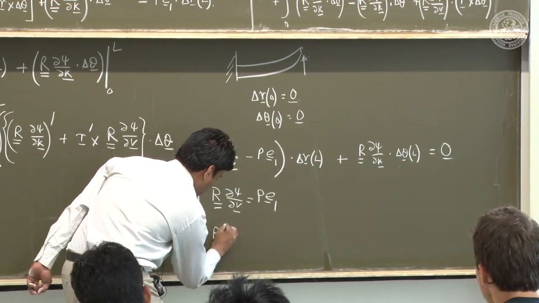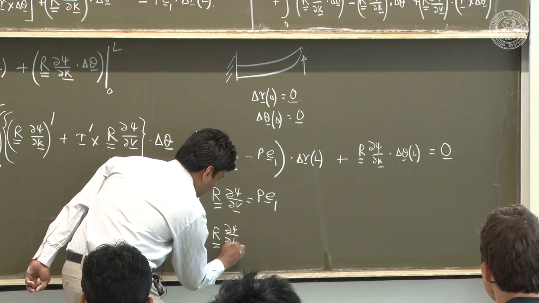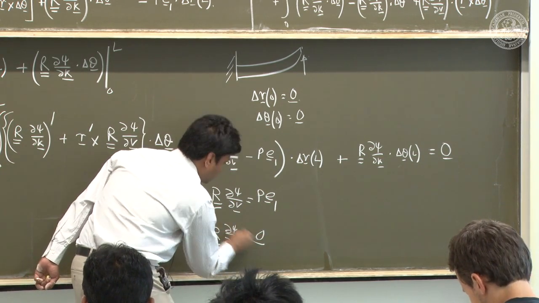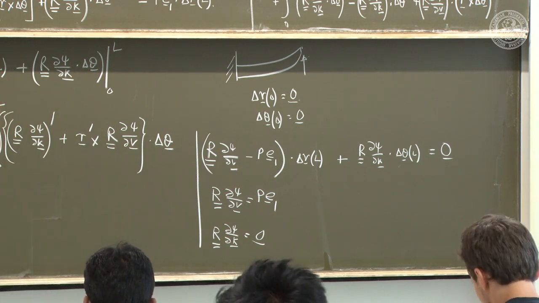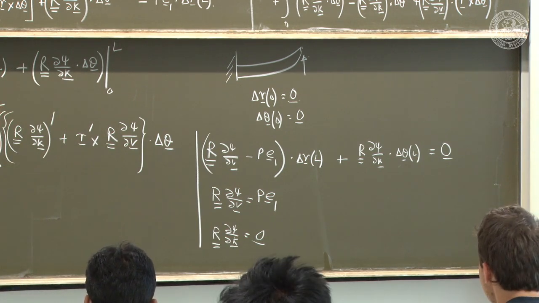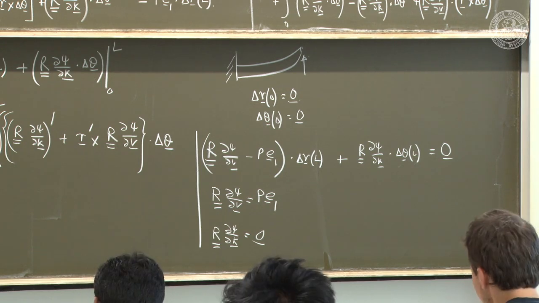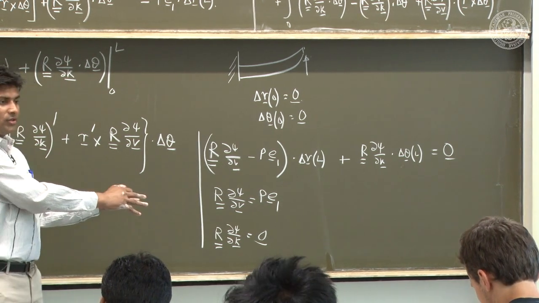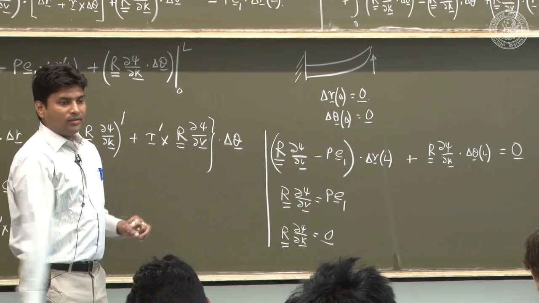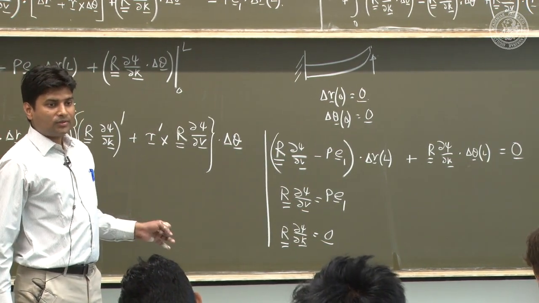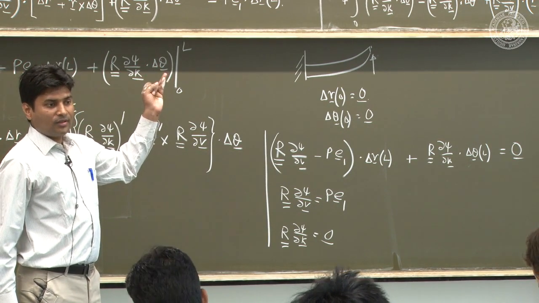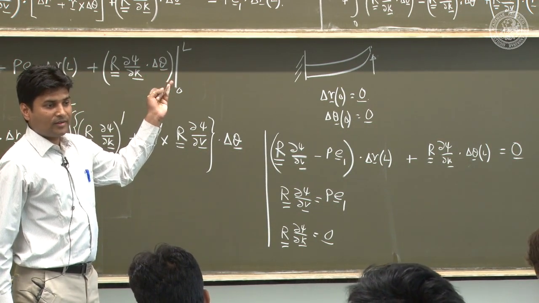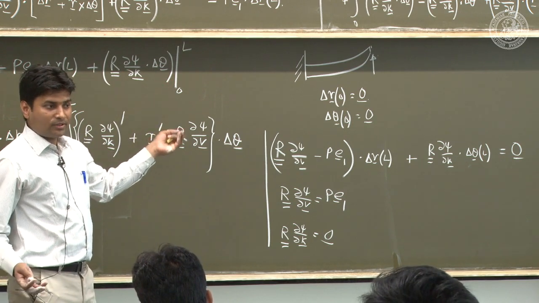So big R del psi over del K is also equal to 0. Okay, so we have gotten the Euler-Lagrange equation as well as the boundary condition. So now we have to compare this with the equations that we got from Newton's law, right? They have to be the same.